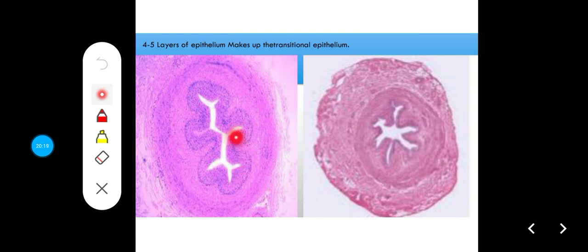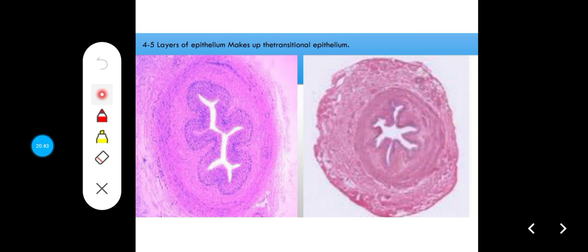Same thing here: the epithelium, the stellate lumen, the lamina propria, the muscle layer, and then the extra connective tissue layer. Same thing here. See the extra connective tissue layer, the stellate lumen, and all the features we mentioned before.